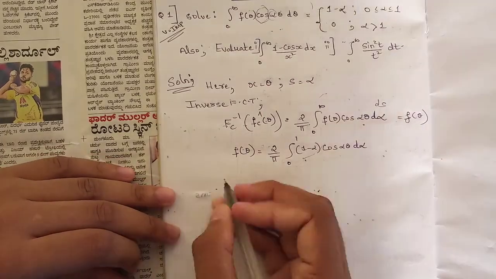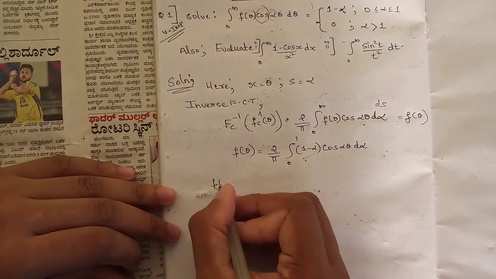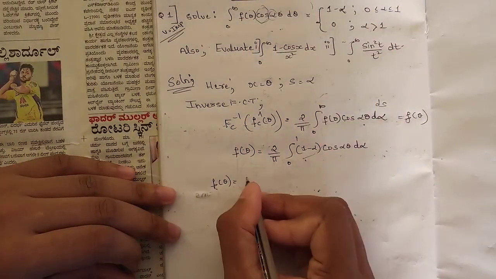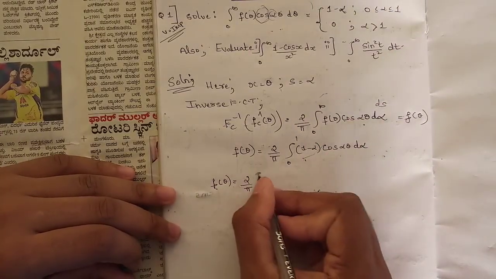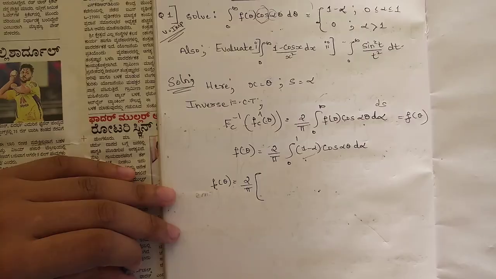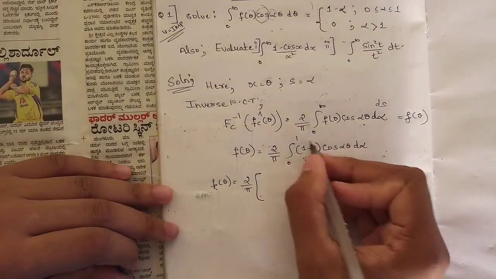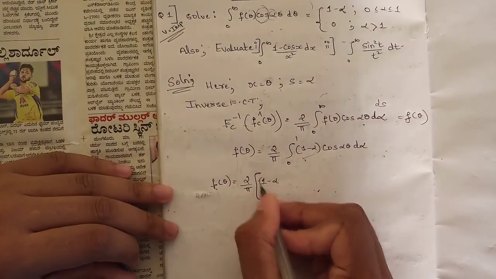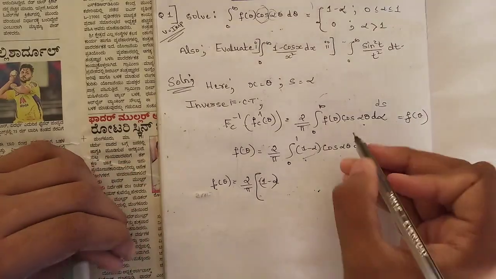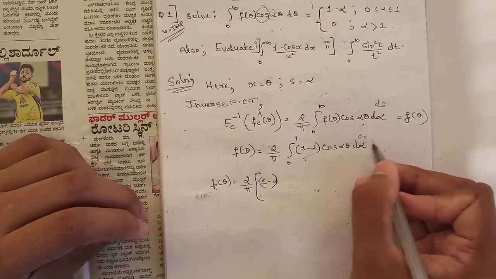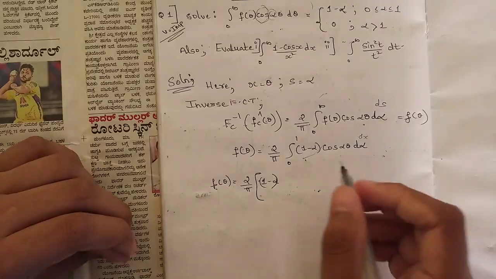Now we are going to solve this integral. 2 by pi into, we are going to use Bernoulli's rule now. First function as it is. Here we need to be very careful while solving the problem, since the parameter here is not dx, it is d alpha. In such a way we are going to solve this.